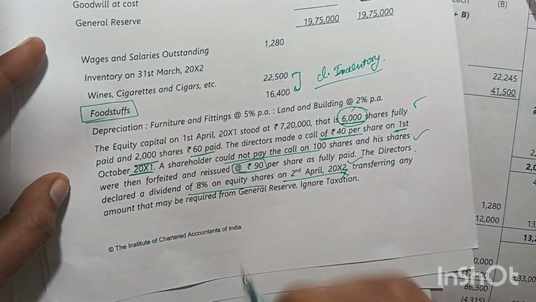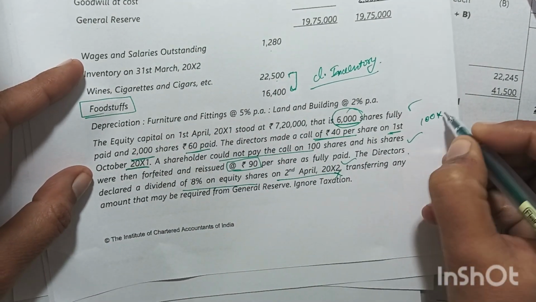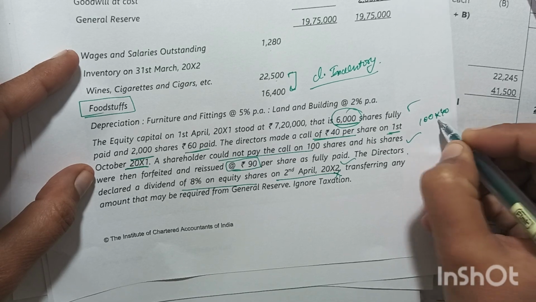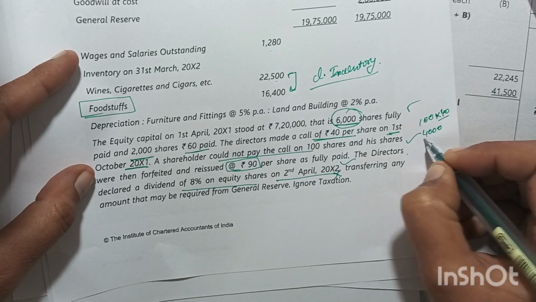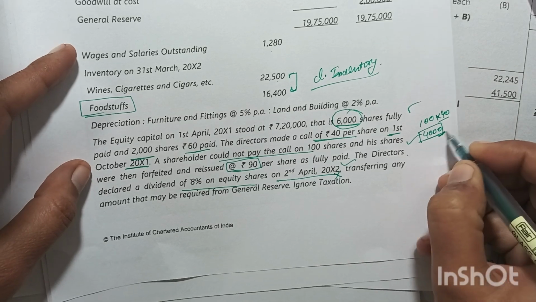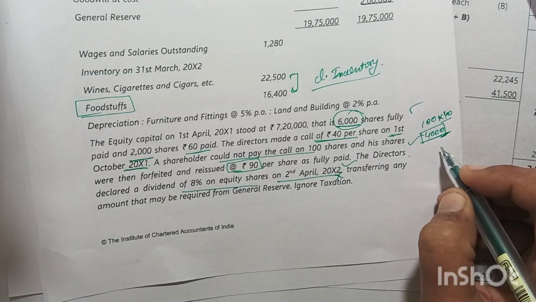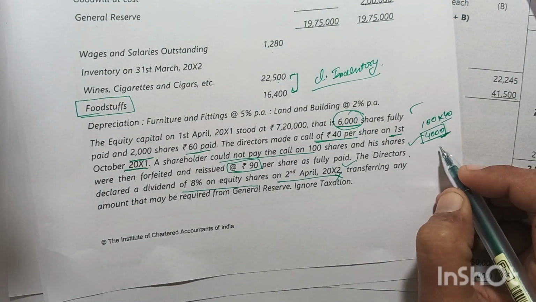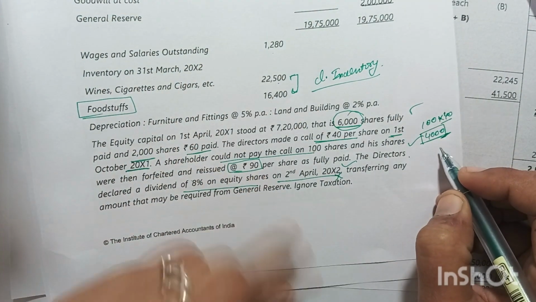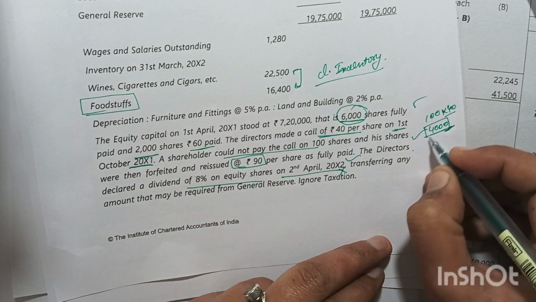In this case I will mention that on the 100 shares they have called the 40 rupees. So the shareholder needed to pay 4,000 rupees, but he didn't pay. What they did was forfeit the shares and reissue them at rupees 90 per share. So how much is the benefit for the company?